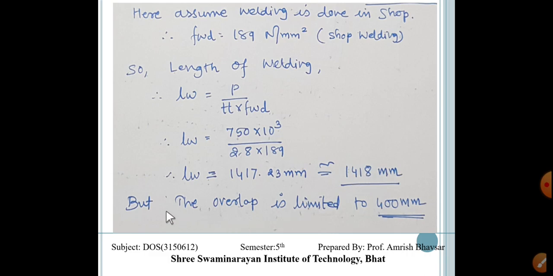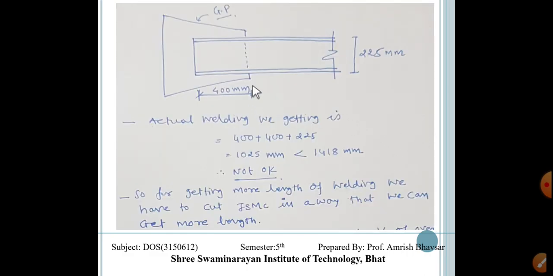Here the most important thing they have given is the limitation of overlap, that is 400 mm. Now how can we make this connection, because this is 400 mm, this is 225 mm, and this is again 400 mm.